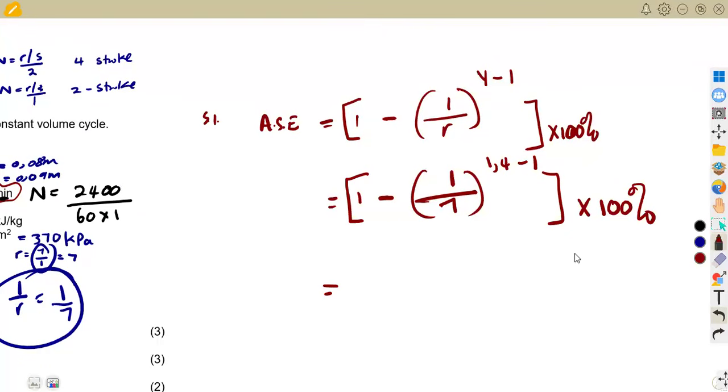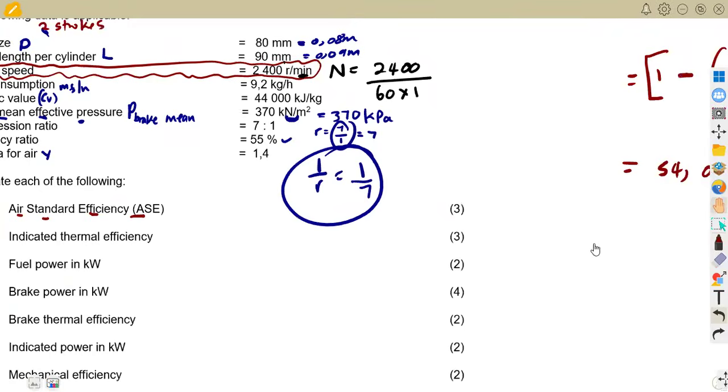If you want, you can leave it as a decimal, it's one and the same thing. But as a percentage, we are going to obtain something like 54.084345, to 3 decimal places, percent. So that is what we are going to have for this air standard efficiency that we were given to calculate. 3 marks for that.